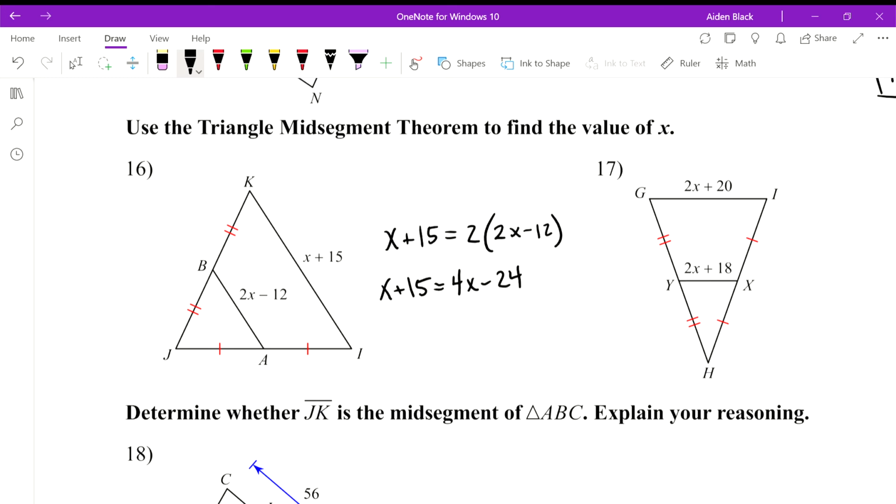Could add 24 to both sides. We end up with, what is that, 39? x plus 39 is equal to 4x. And then let's just subtract 1x from both sides, and we end up with 3x. I think you know the value of x from here.